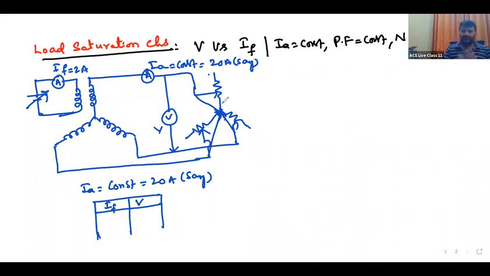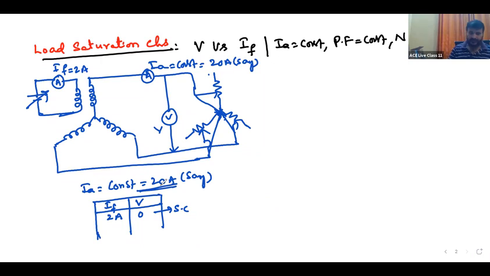Whatever may be the load, the first point is the same, because we have not added the load at all. That is the main key point. When IF is 2 amperes, the voltage is 0. The first point of the short circuit test is the same, drawing the same current of 20 amperes.